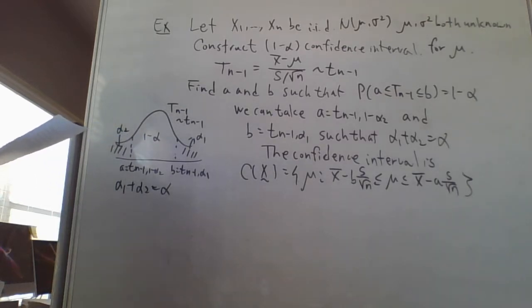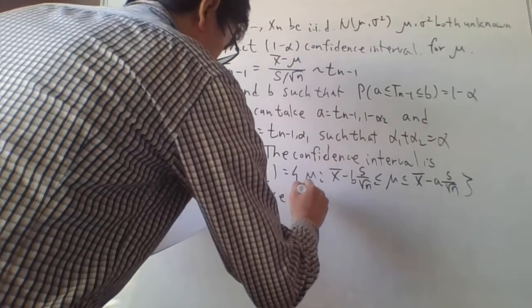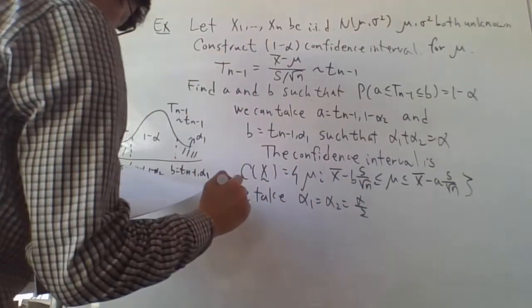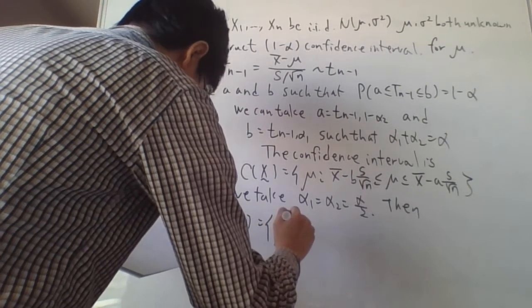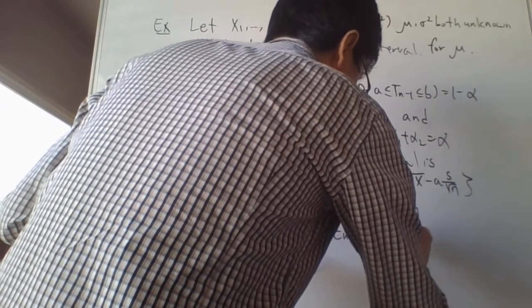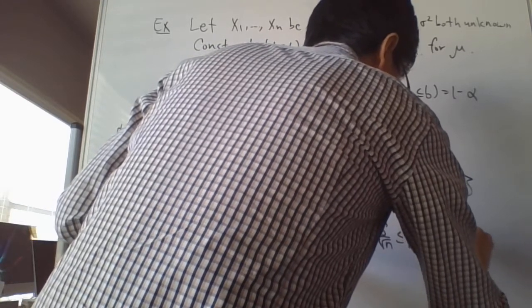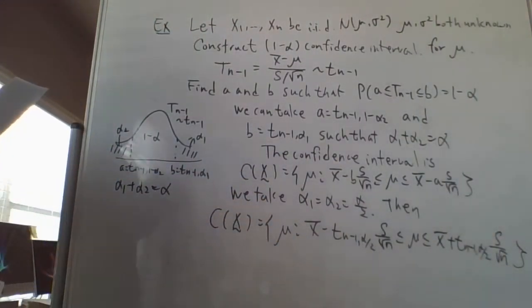Then the famous confidence interval that we can get is if we take alpha 1 and alpha 2 to be equal, then we can get the famous 1 minus alpha confidence interval, the two-sided, for mu, which is the confidence interval for the one sample case.